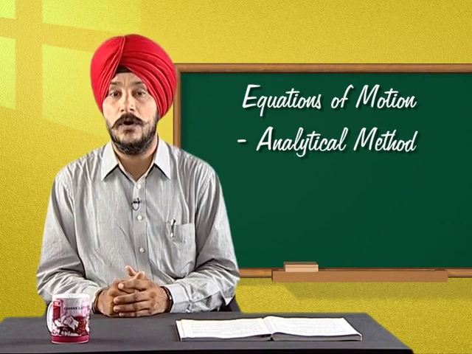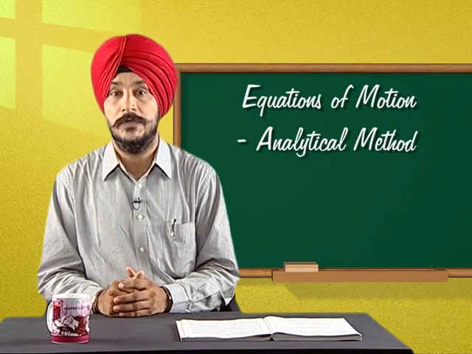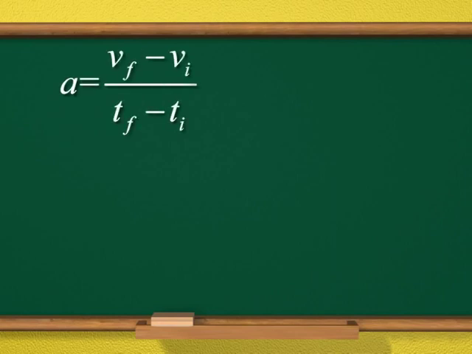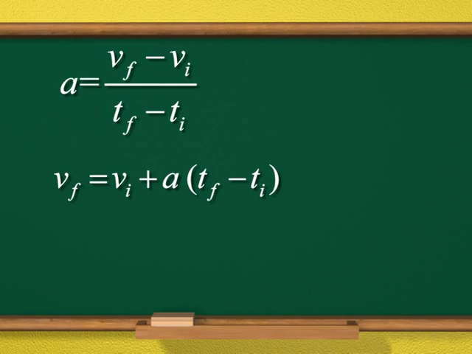It is the ratio of change in velocity to the time interval, that is Vf minus Vi upon Tf minus Ti. This can be rewritten as Vf is equal to Vi plus A times Tf minus Ti.